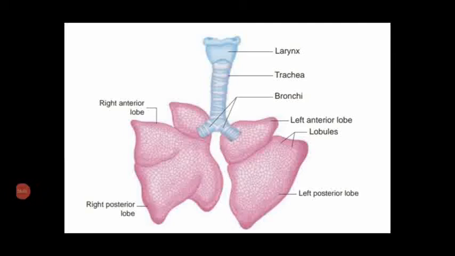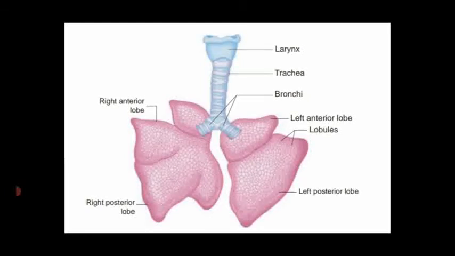Dear students, this is the respiratory system of rabbit. These are the lungs in rabbit. It starts from the larynx or vocal box, which is present at the base of the buccal cavity, followed by a tubular structure containing ring-like structures, called the trachea or respiratory pipe. At the end, the trachea divides into two branches called bronchi.